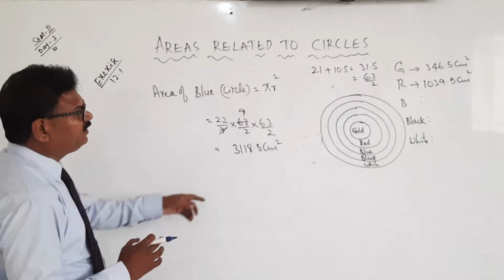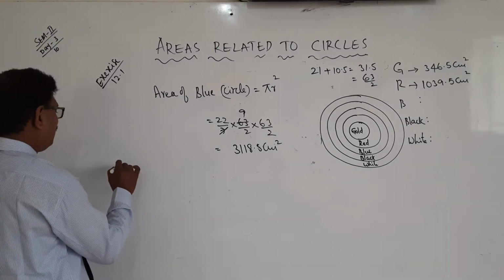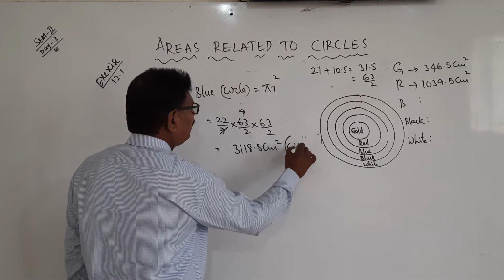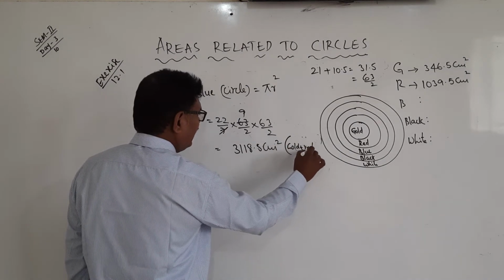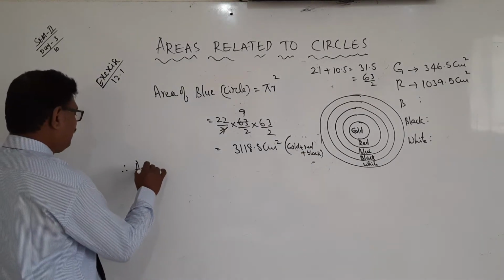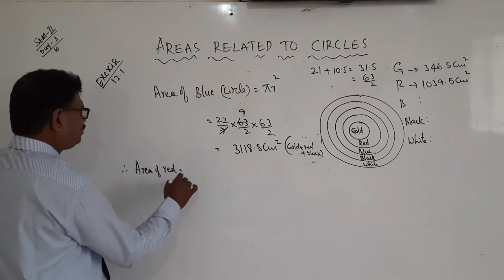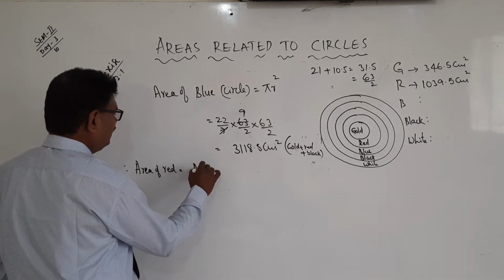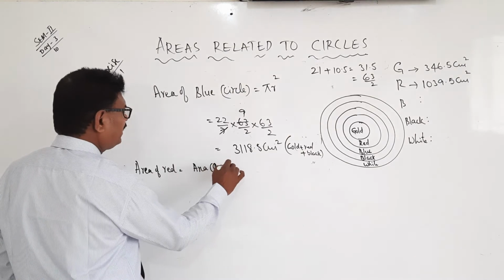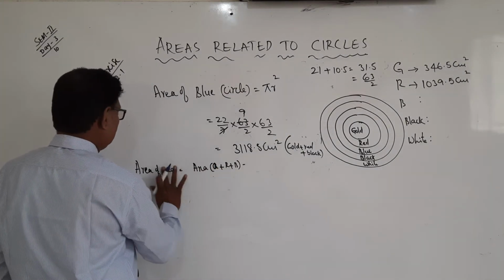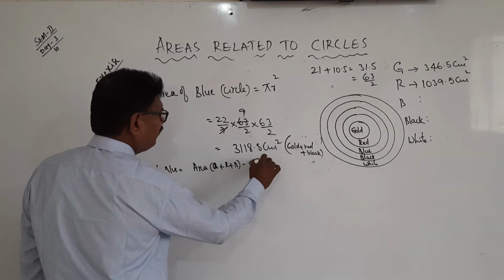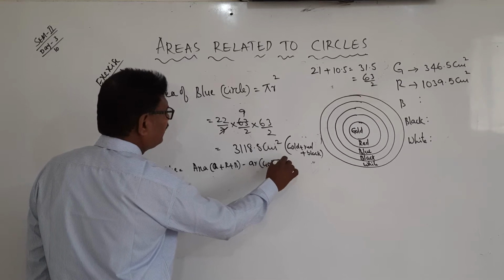But again we have to take out this. Therefore, this area is nothing but gold plus red plus blue. Now we have to take out the area of red. The area of blue is equal to the area of gold plus red plus blue minus the area of gold plus red.